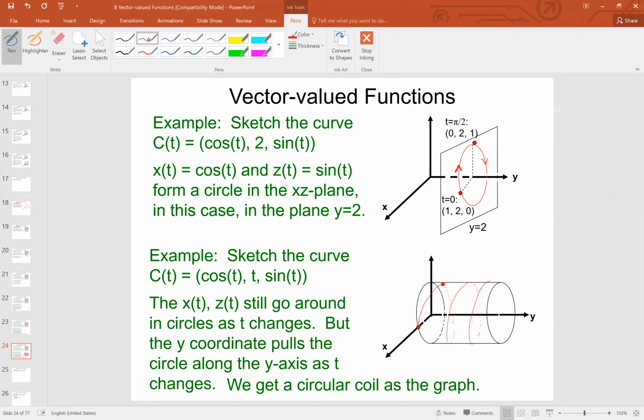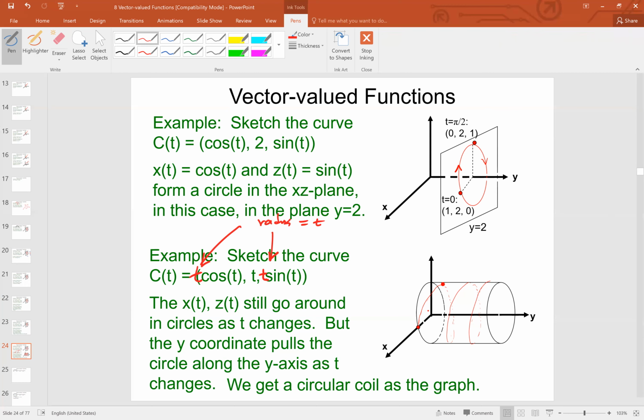Notice if I were to multiply everybody by t, except the y component, then instead of circling with radius 1, the track now has radius t.